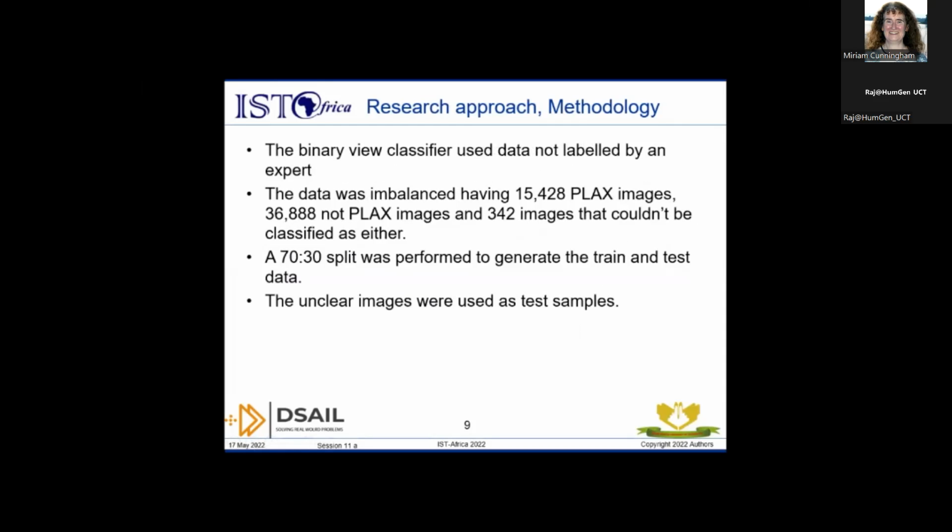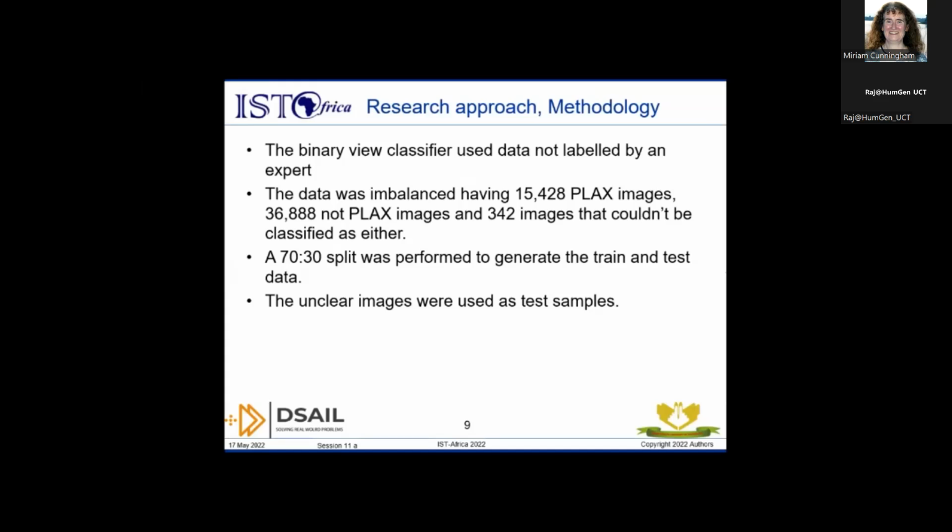And as I mentioned before, for the binary view classifier, the data that we used was not labeled by an expert. Therefore, we can only classify: is the echocardiogram a Plaques view or is it not a Plaques view? Something to note is that our data was imbalanced.